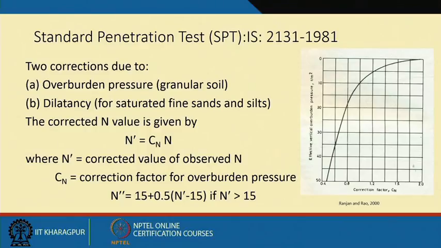So dilatancy will occur, negative pore water pressure will be induced, and your strength will increase, so you will get a higher N value. But when we do the actual foundation design calculation, we cannot consider this effect. We will not consider that strength increase during our design, but because of this phenomenon you will get a higher N value.